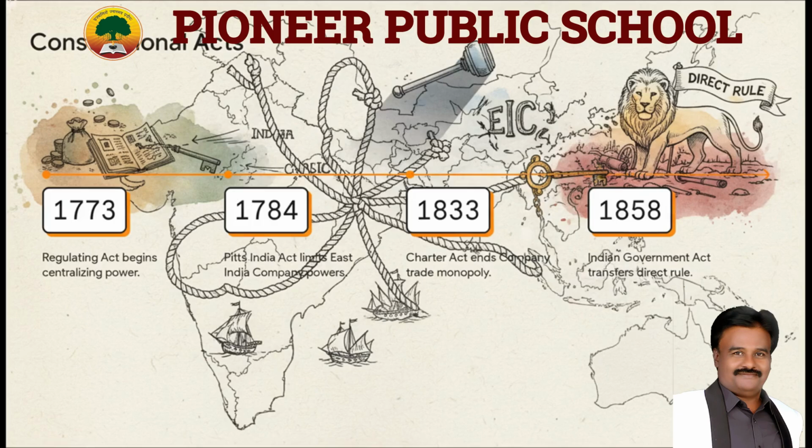Then the Pitt's India Act in 1784 asserted the British Parliament's ultimate control. The 1833 Charter Act ended the East India Company's trade monopolies entirely, officially making it a governing body. And finally, after the Rebellion of 1857, direct rule was transferred from the company straight to the British Crown. Step by step, they legally bound the subcontinent into a single political entity.